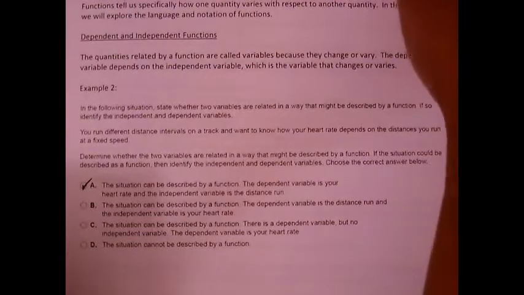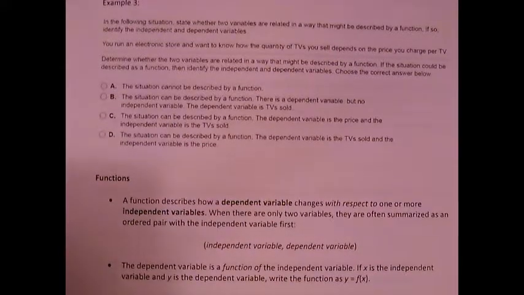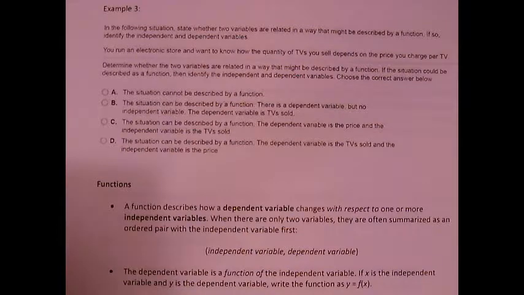Okay. Here's another example. We're going to state whether the two variables are related to each other in a way that they might be described as a function. If that's the case, identify the independent and dependent variable. You run an electronics store and want to know how the quantity of TVs you sell depends on the price you charge per TV.